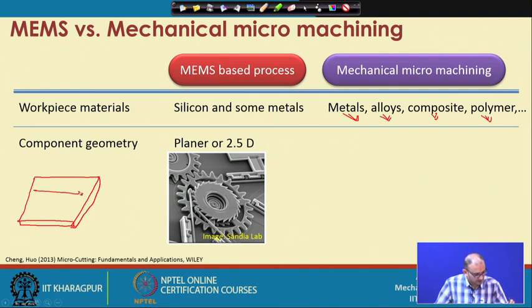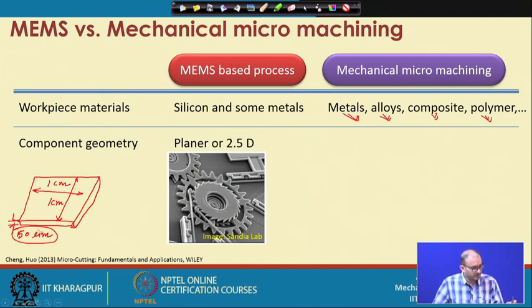Consider this dimension is in centimeters, let us say 1 centimeter, and the thickness is 50 micron. The dimension difference is very large: one is in centimeter scale, the other in micron scale.